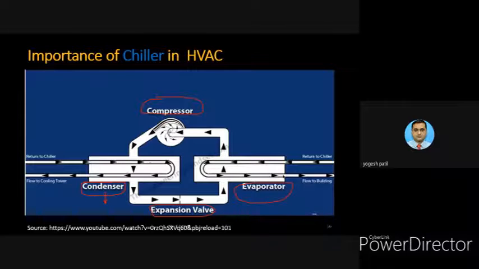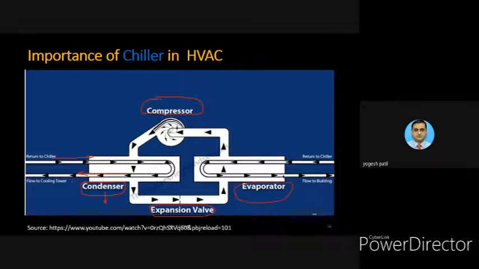Then there is separate tubing in the condenser for the external cooling tower. The cold water will enter this particular section of the condenser, and the heat gets dissipated into the return phase of these pipes, and then the cooling takes place in the cooling tower.